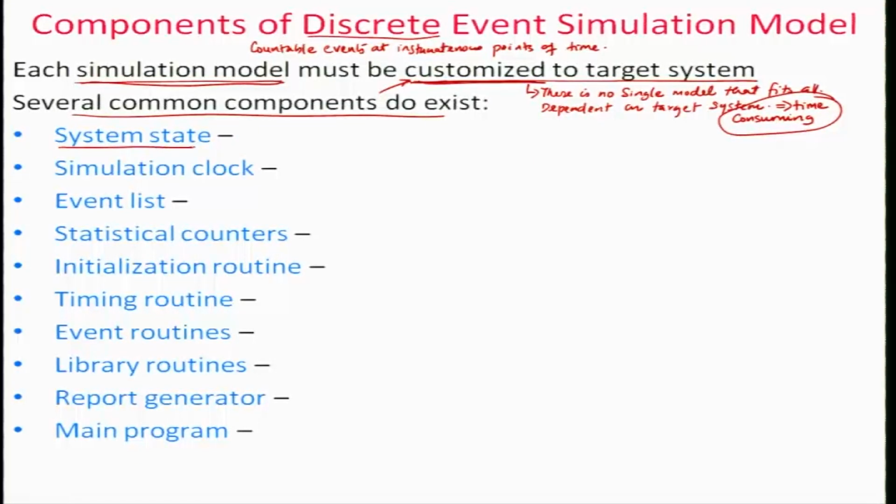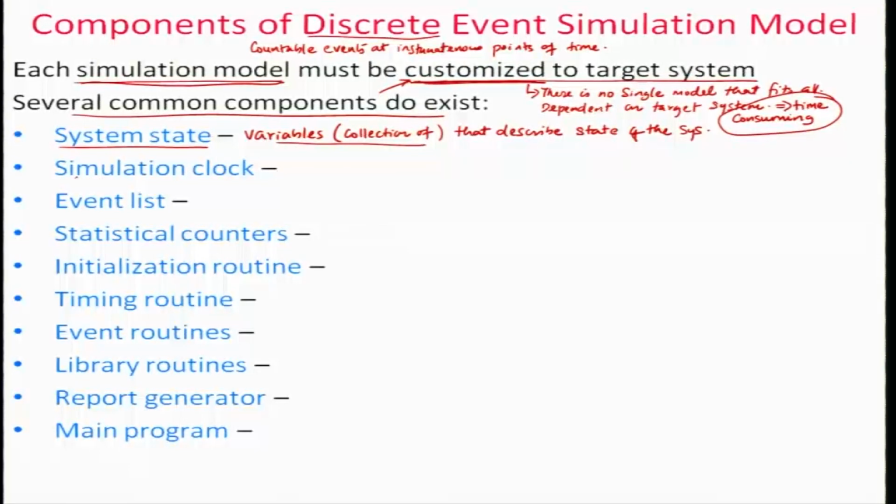We already talked about the state of the system; in a very simple way, it is a collection of variables that describe the state of the system. That is what we call the system state.